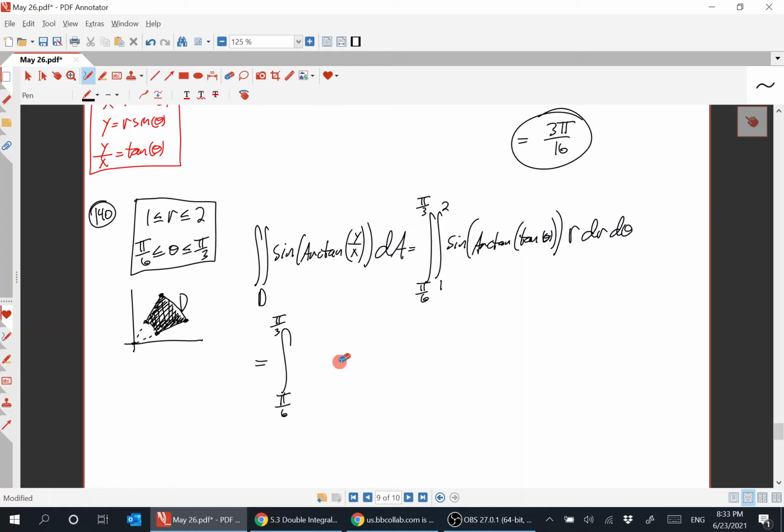Oops, I forgot the 1 to 2. So r sine of theta dr d theta. Antiderivative with regard to r. Sine theta is constant, so it's just 1/2 r squared sine of theta from r equals 1 to r equals 2, d theta.